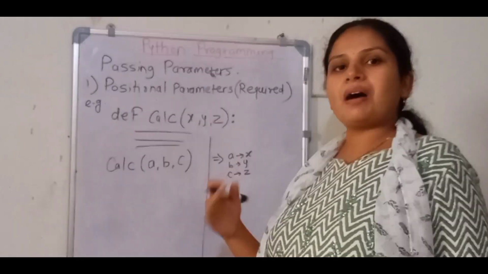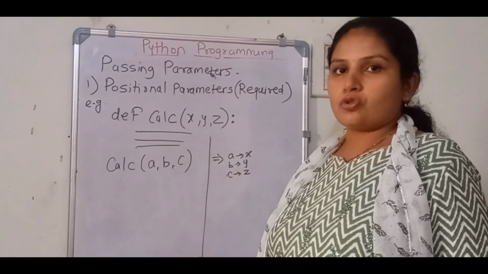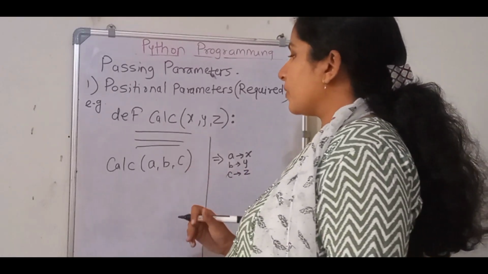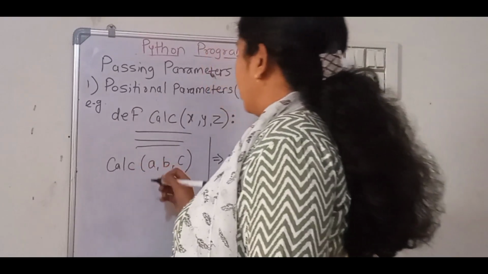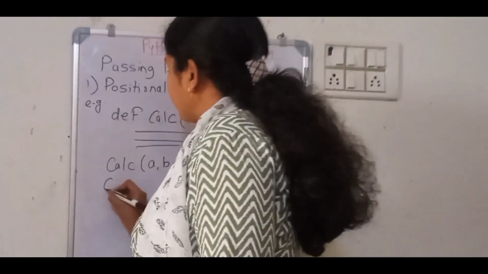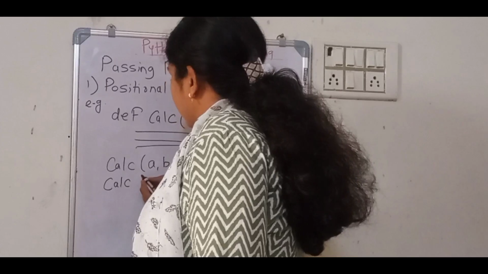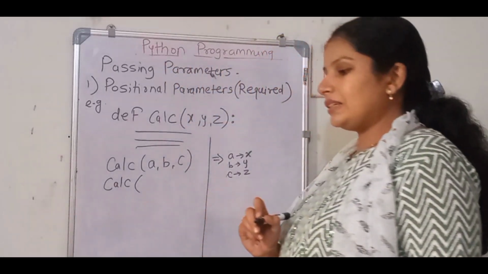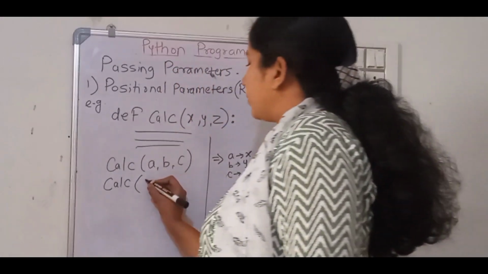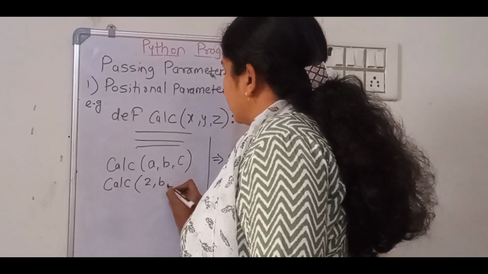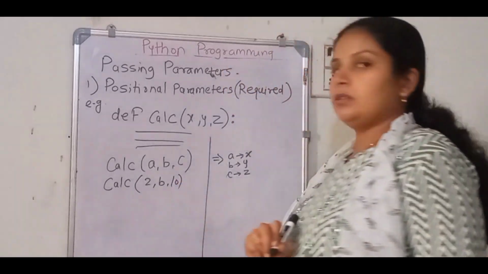Now here you can pass the values directly also. It's okay. You can pass the value also. So here this is the first one. Suppose I am calling the function for the second time, calci, right? So I am giving the values like this, right?